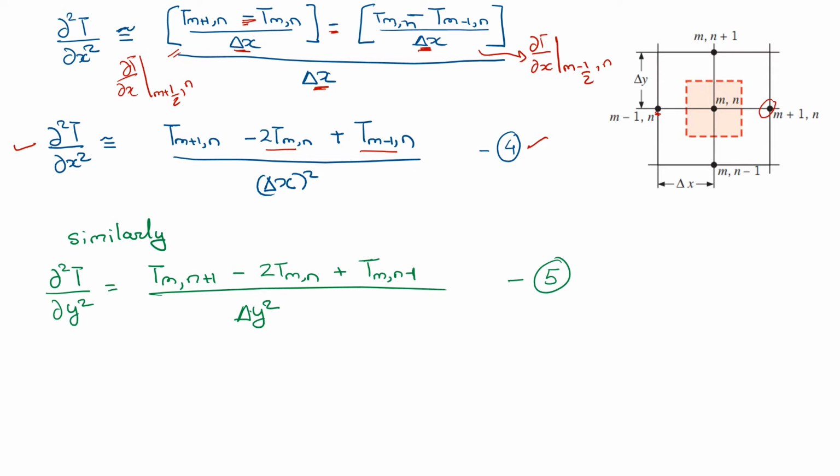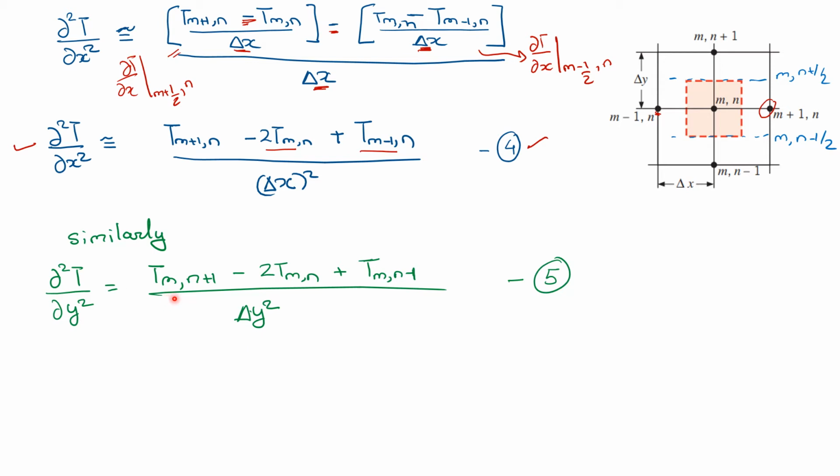So in this similar fashion you can do this exercise in the y direction, where you can take your derivatives at m comma n plus half and m comma n minus half, and use the node on the top of m comma n and at the bottom of m comma n. And after doing that, the equation that you'll get will be similar to what we found out right now, except it will be in the y direction.